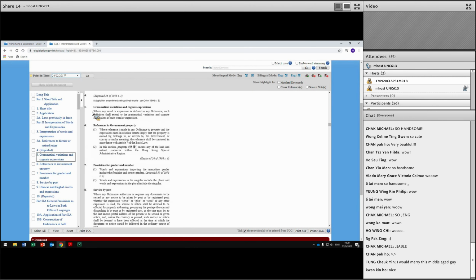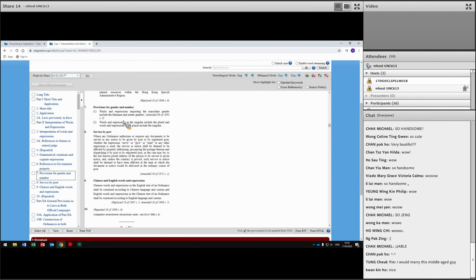For example, section 5 says grammatical variation and coinage expression. If you make a grammatical mistake, usually it will not affect the meaning of the term. And also gender. So no need to say he or she. He will include she. She will also include he.